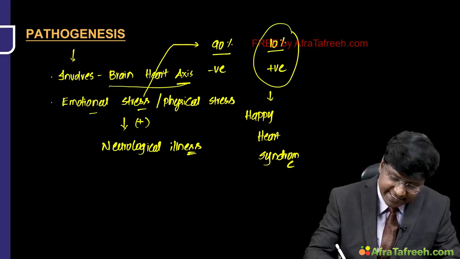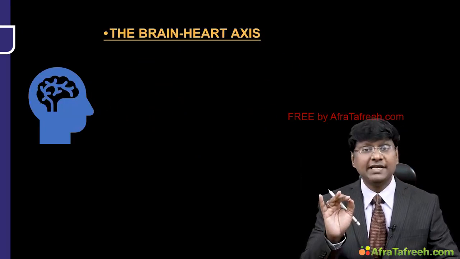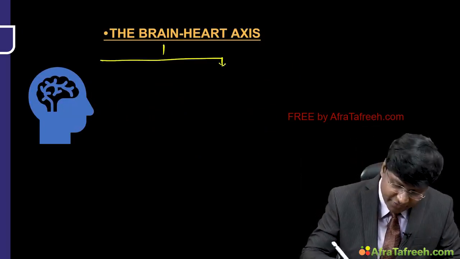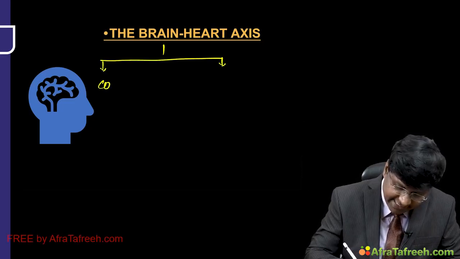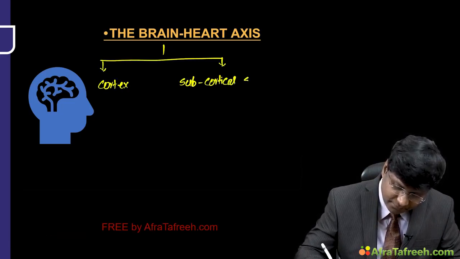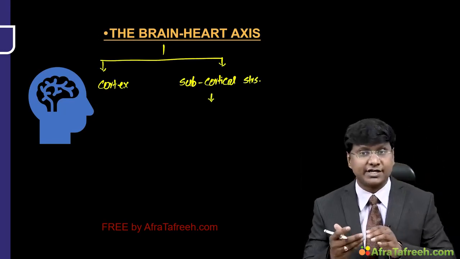Now let me discuss in detail about this brain-heart axis. In this brain-heart axis, the parts of the brain which are affected are either the cortex or the subcortical structures. And what are these subcortical structures?